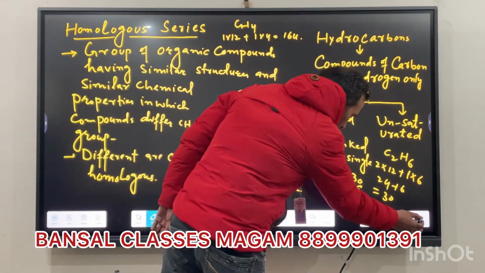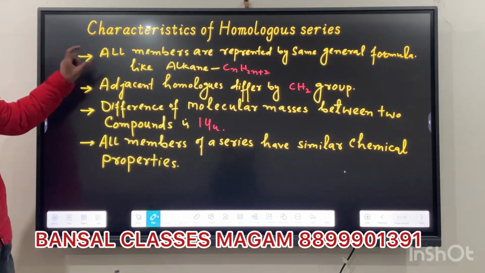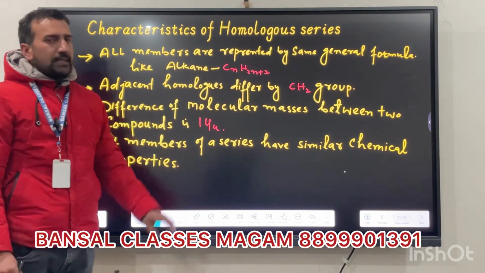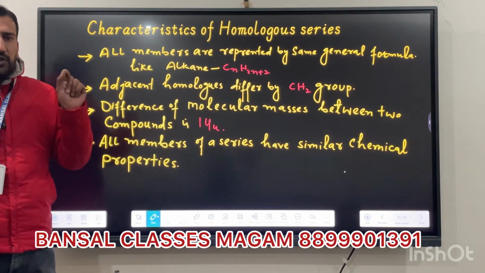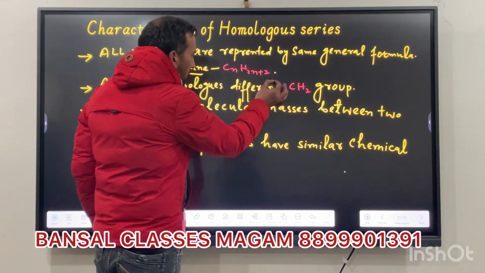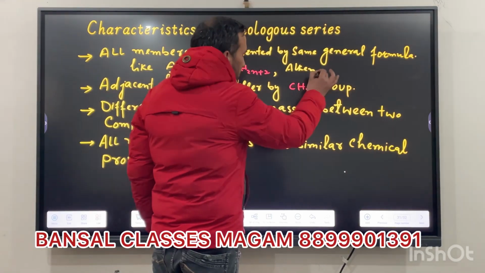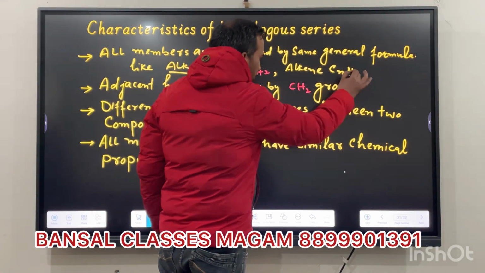This homologous series has certain characteristics. All the members of a homologous series are represented by the same general formula, like alkane CnH2n+2, or we can say alkene CnH2n.